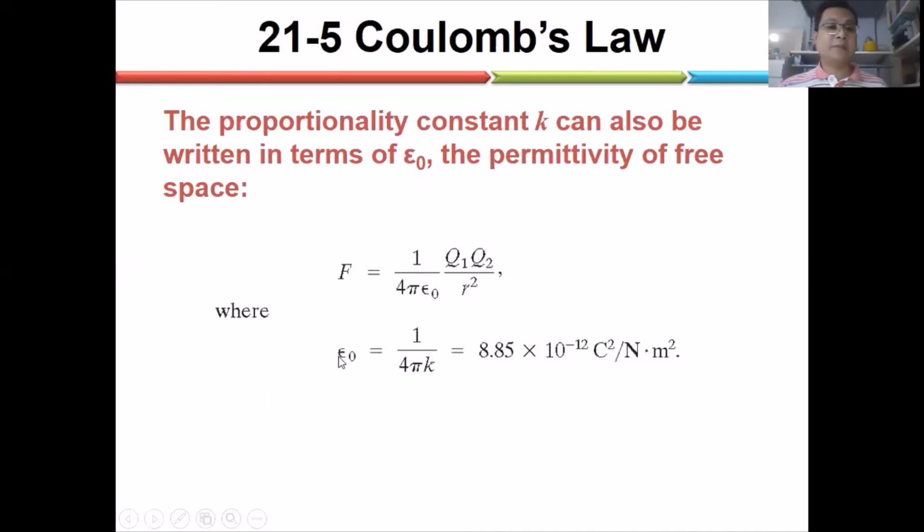The permittivity constant is 8.85 times 10 to the power of negative 12 coulomb squared per newton meter squared. So we can derive the permittivity using this formula.